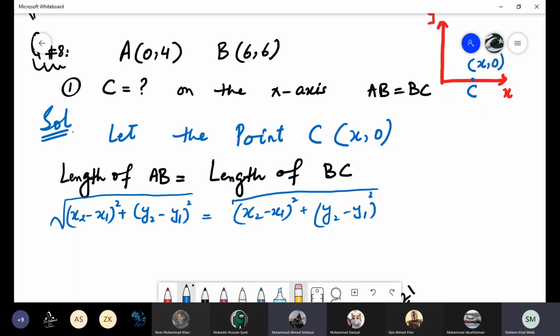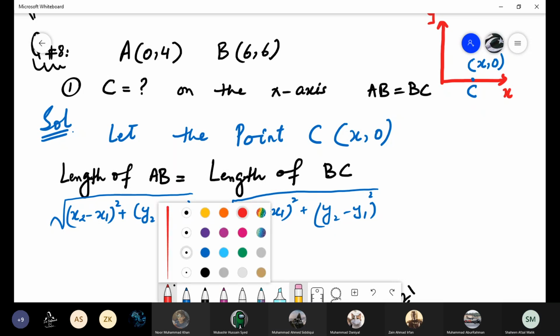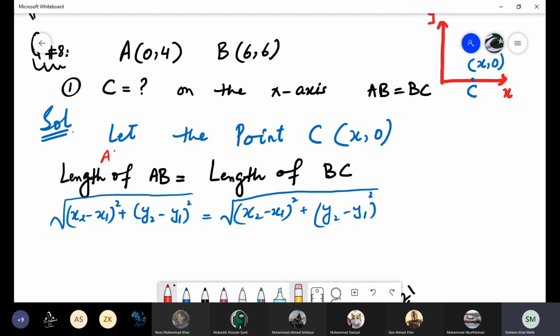And here also we will write the same formula, and just substitute the values. A is 0 and 4 and B is 6 and 6. And for B and C, B is 6 and 6 and C is x and 0.